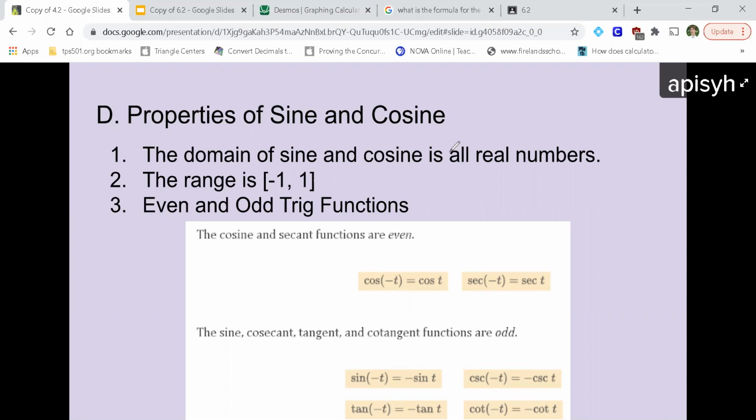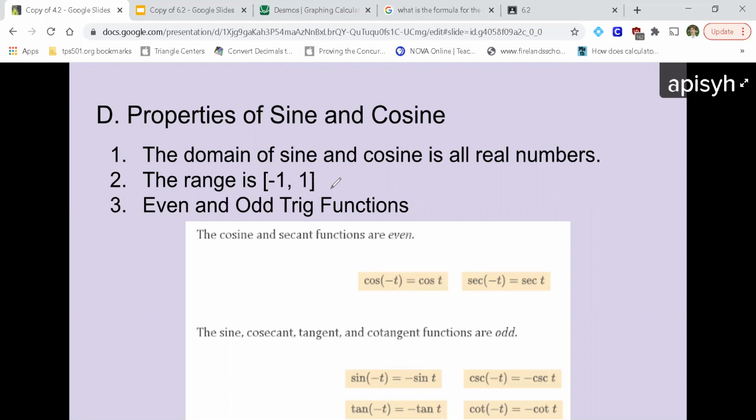In that last example, cosecant and cotangent were undefined at pi, but there is never an angle that'll make sine and cosine undefined. Because according to their formulas, they're just y and x, so they don't have division in them. So you never have to worry about dividing by 0. So the domain of sine and cosine is everything from negative infinity to infinity. There's no angle you can't take the sine or cosine of.